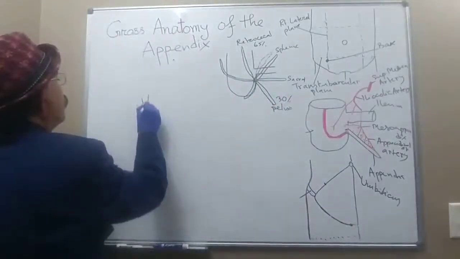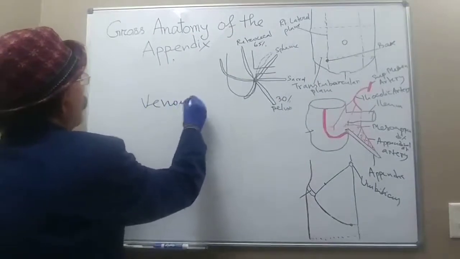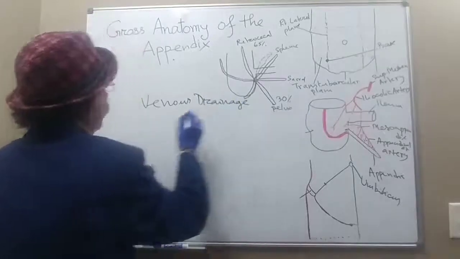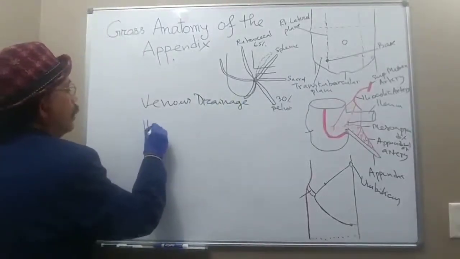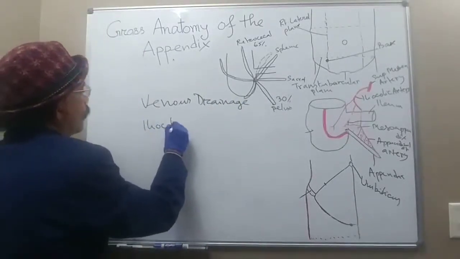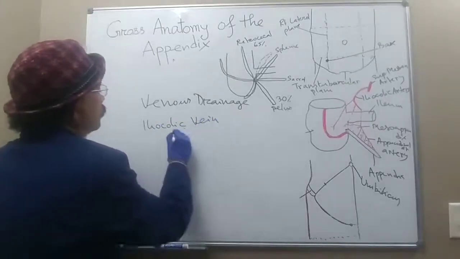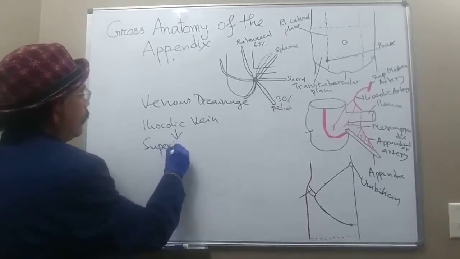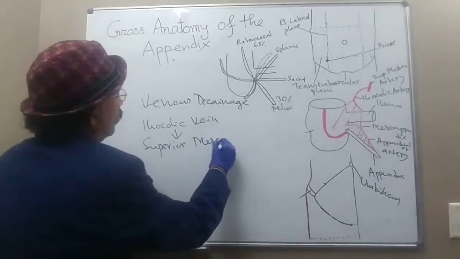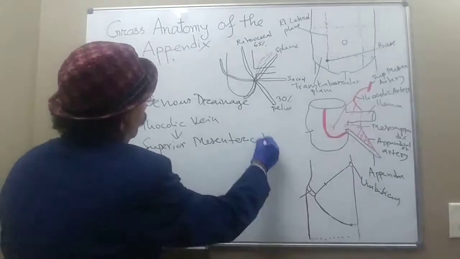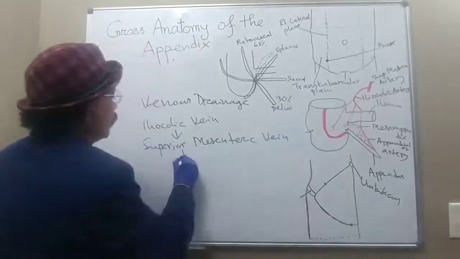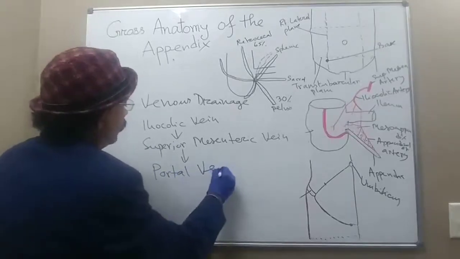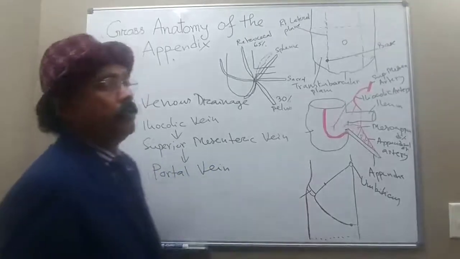So the venous drainage of the appendix goes to the ileocolic vein, that will go to the superior mesenteric vein, that will go to the portal vein. Okay, we got the venous drainage.